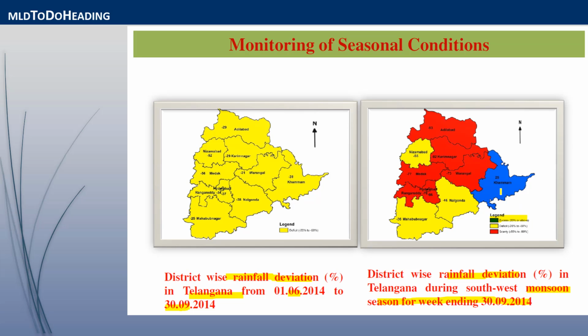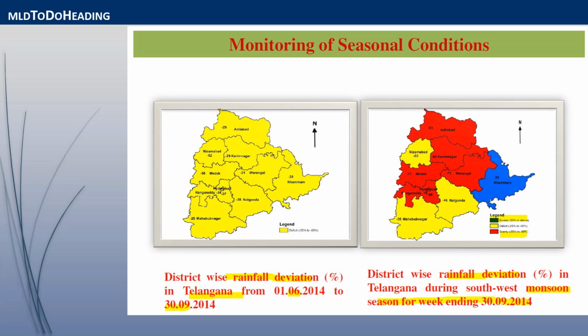It shows that in this region the monsoon rainfall is 20% extra, in these red zones the rainfall is limited or there is scarcity, and in these yellow regions the rainfall is as usual.